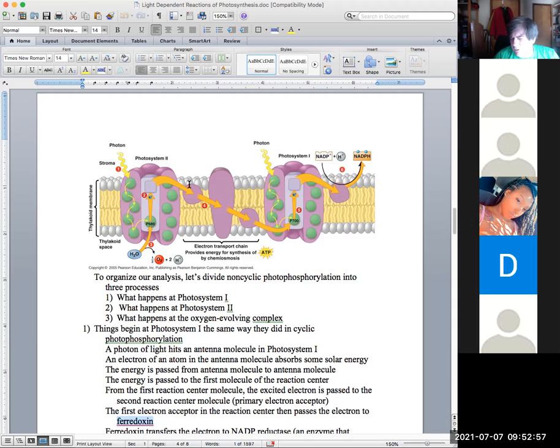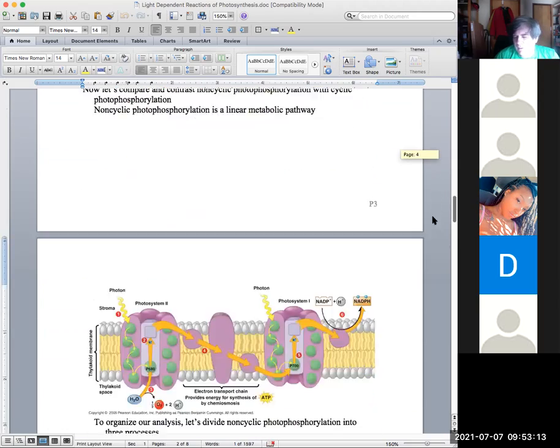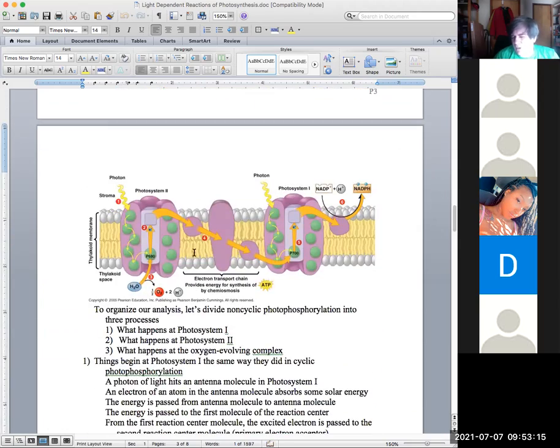And the primary electron acceptor gives its electron to this purple thing. Well, this purple thing is actually, let's go back a moment. That purple thing is plastoquinone. And when plastoquinone gets this electron, it passes it to the cytochrome B6 complex. That passes it to plastocyanin, and that gives it back to photosystem 1.